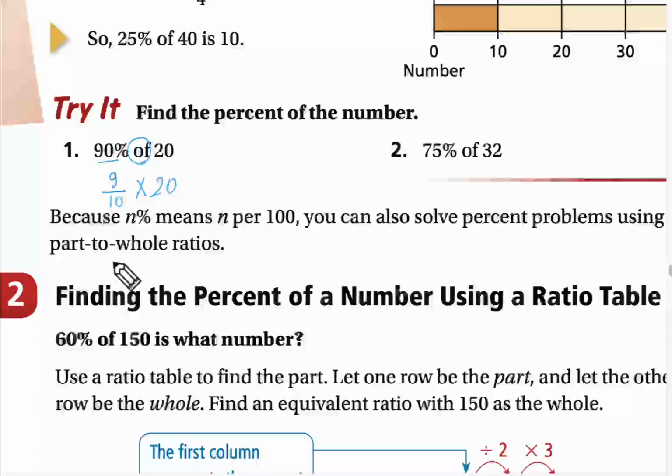When you multiply, you can simplify first: divide 20 by 10, which is 2, and the 10 becomes 1. Now 9 times 2 equals 18.